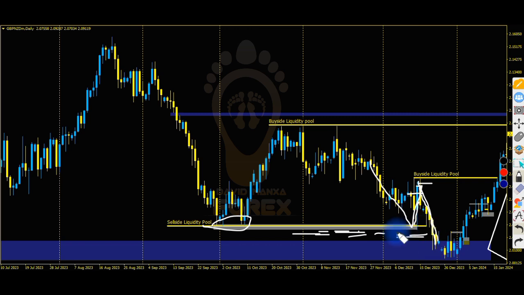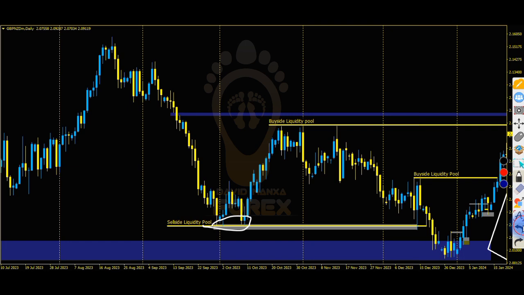So there were forced sellers, and then there were willing sellers who came in to sell the market when price broke down the support level. Now this swing down is what you call your manipulation. This is what they use to accumulate the sell side liquidity, and this leg down will be the manipulation.